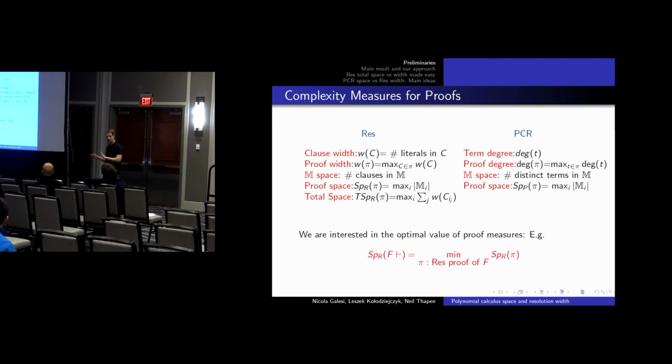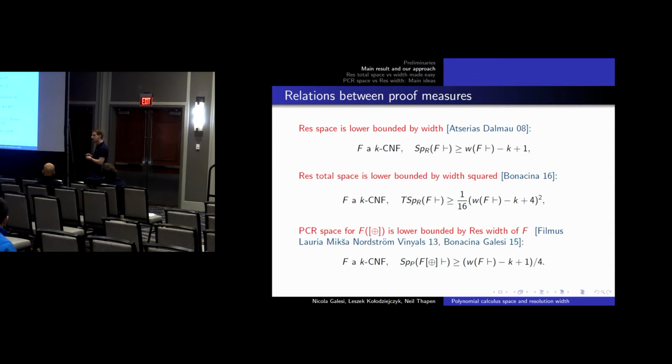So we want to study these measures and understand how they're related. And it turns out, somewhat surprisingly, that width and degree are useful measures that give a lot of information about other measures. It gives information about proof size, which I won't even talk about to save time, but also about space.